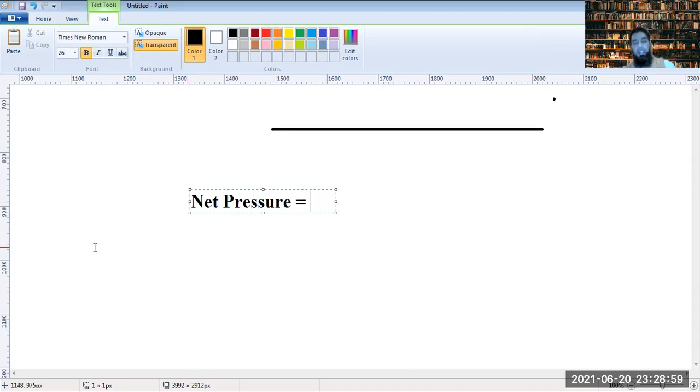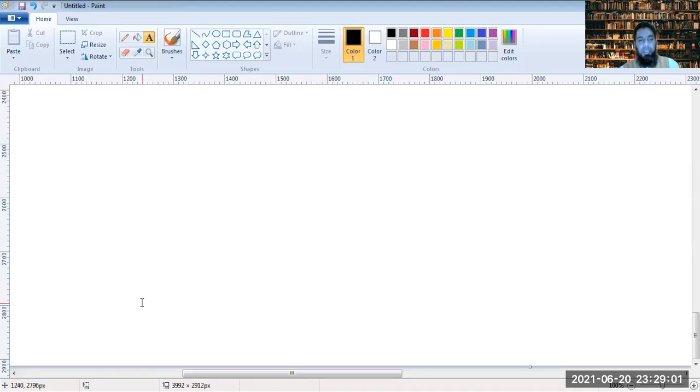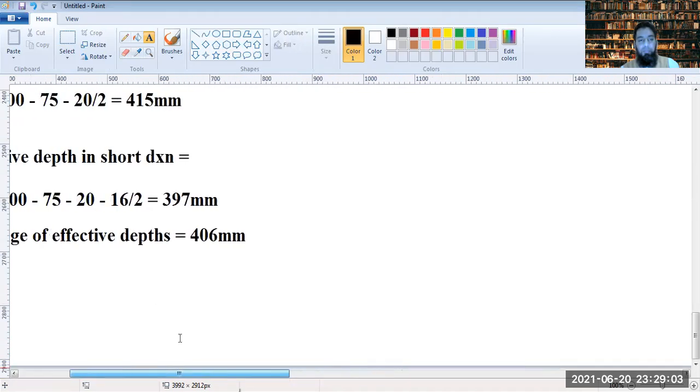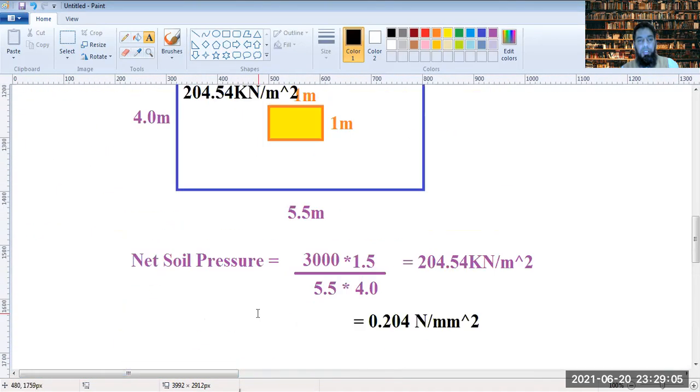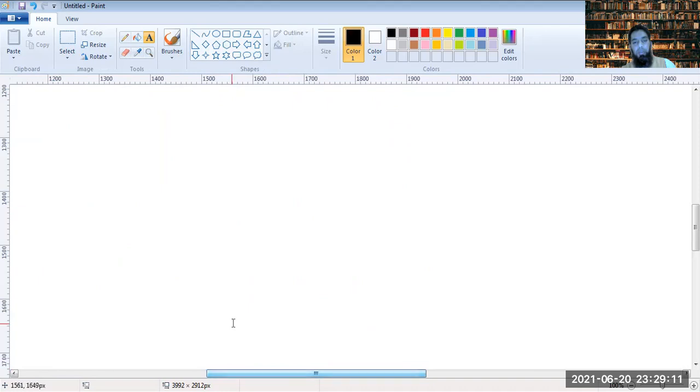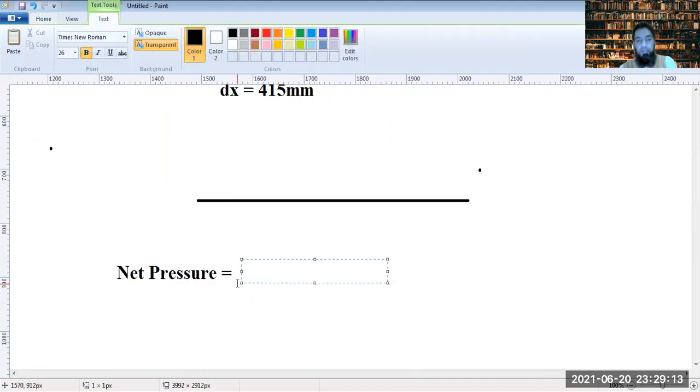On the foundation, how much is the pressure? Let me go back. It's 0.204 Newton per mm square.